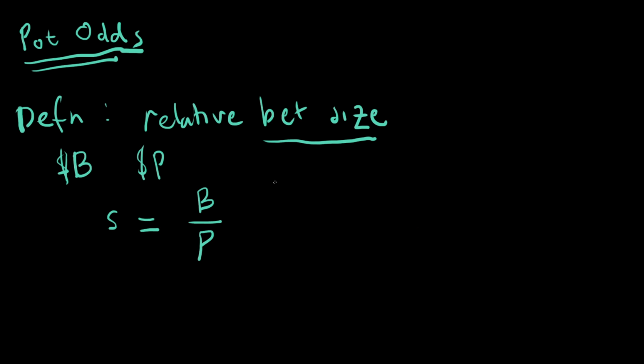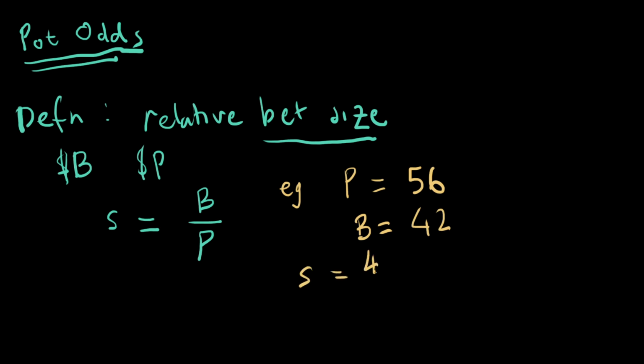Let's have a look at an example. So for an example, let's say the pot size P is equal to 56 and the bet size B is equal to 42. So let's say for $56 or whatever, then the bet size S is going to be simply 42 divided by 56, which is 0.75.